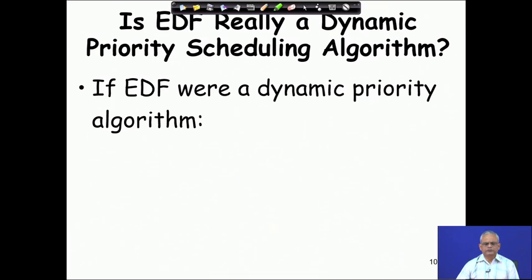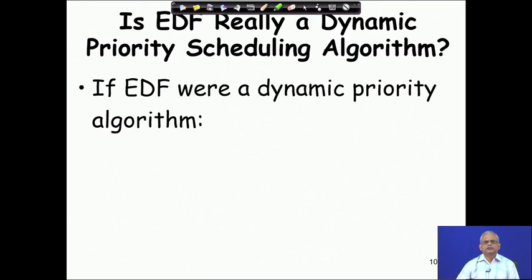Now, let us try to answer a very fundamental question. We have said that there are two classes of event driven schedulers. One is the static priority schedulers, the other is dynamic priority schedulers, and we said that EDF is a dynamic priority scheduler.